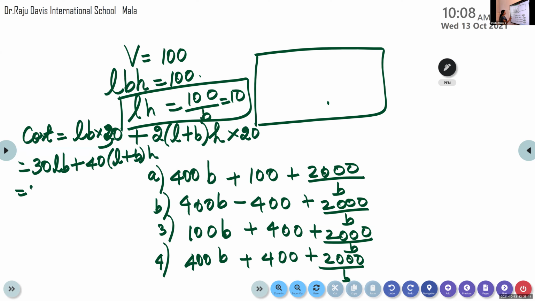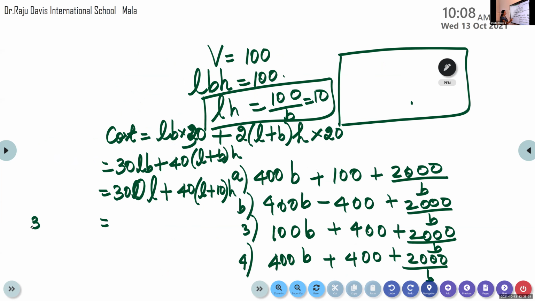That is 30 LB. What is breadth? Breadth is given, isn't it? Breadth is given as 10. So when you put 10, 300 L plus 40 into L plus 10 into height.